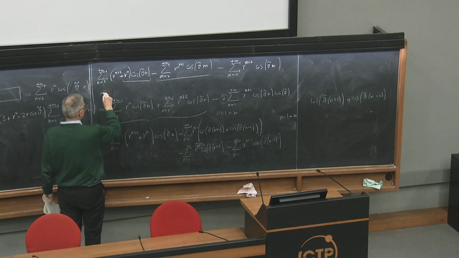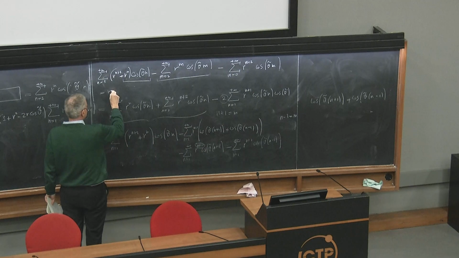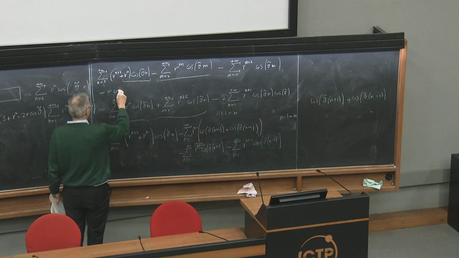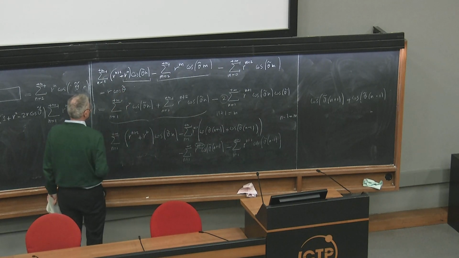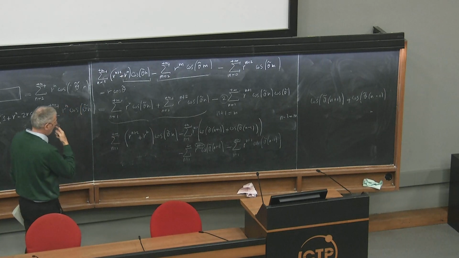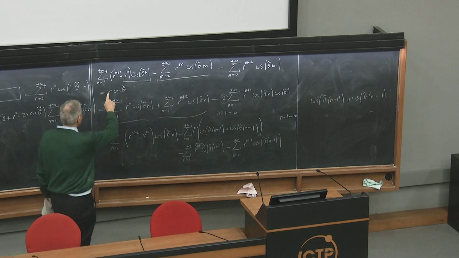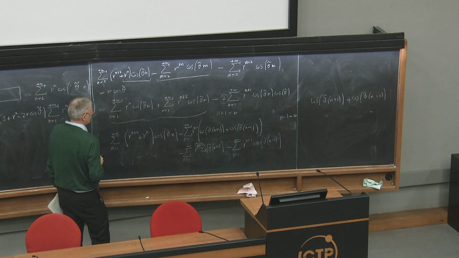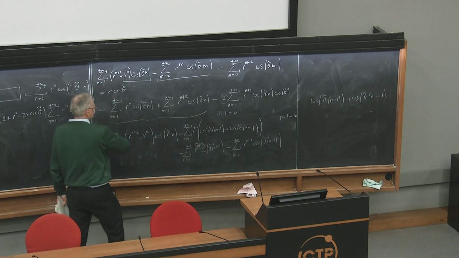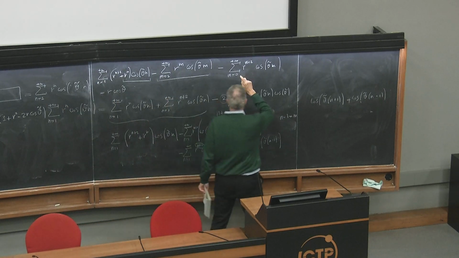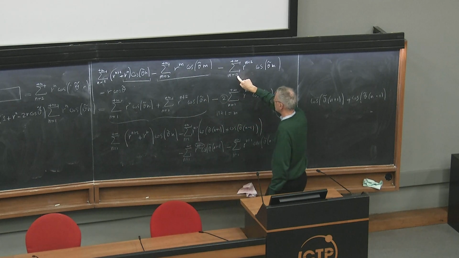So n equal 1 means r cos theta tilde. On the other hand, here, everything is killed by this, but it remains only m equals 0 here, right?